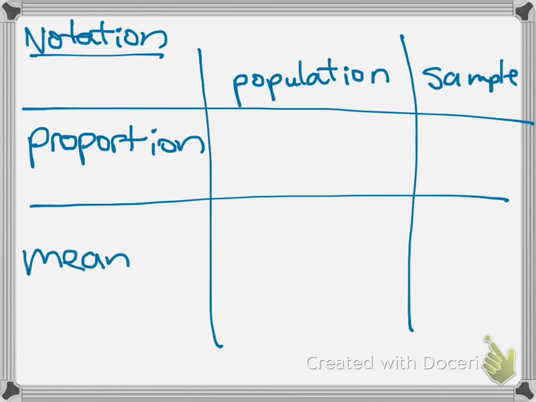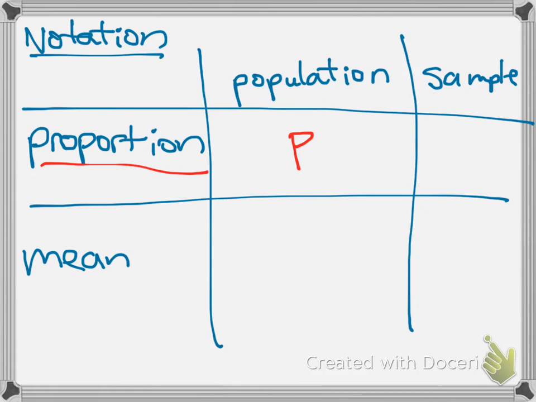There's some notation that's going to be important to be familiar with, and again, this is something that you're going to see throughout the rest of the course. Whenever we're talking about a population proportion, we're going to use just the letter P. And I know P showed up in Chapter 8 when we were talking about the probability of success, but this is a different P. This is a different setting.